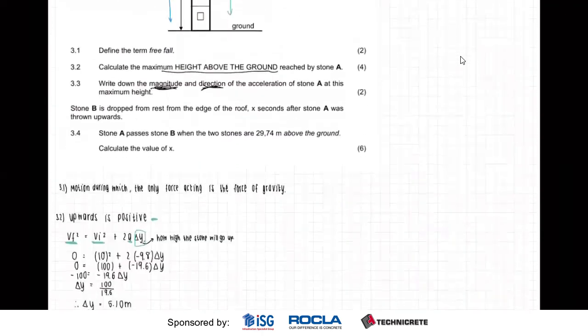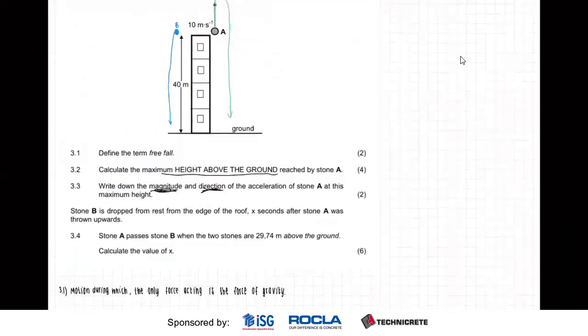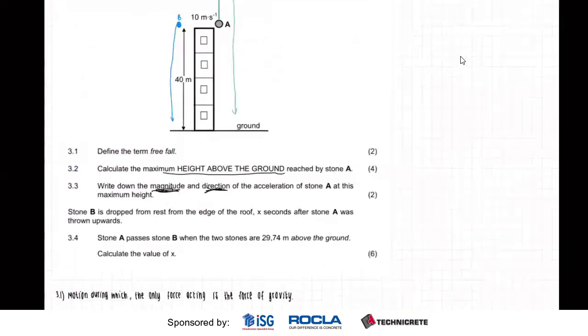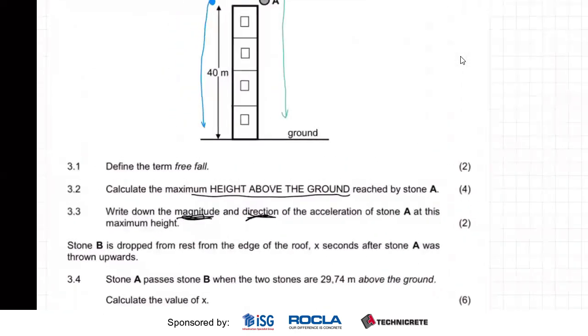Okay. So now it tells us stone A passes stone B when the two stones are 29.74 meters above the ground. So roundabout over here is when the stones pass each other.